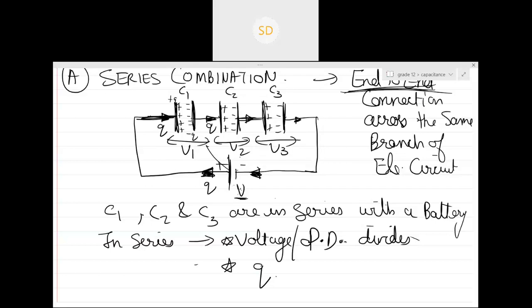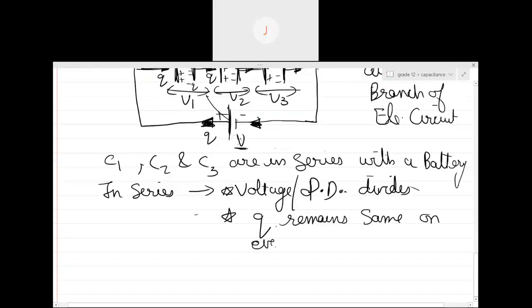Is this clear? Basically, the charges on every capacitor will be the same: plus Q minus Q, plus Q minus Q, because in series, charge remains same on every capacitor. Is this clear? Guys, is this clear? Okay, right till here. Then after that we start ahead.